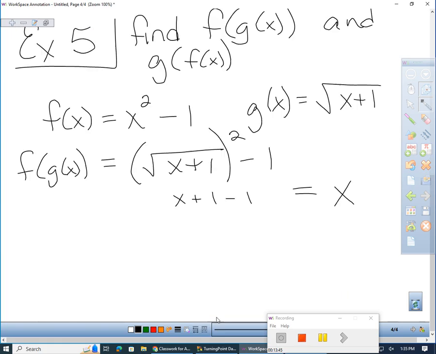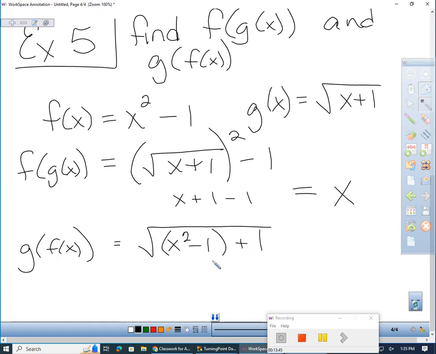Okay, what about this other one? Let's try going the other way. G of f of x. We're going to take our f of x and put it inside of where g is. So we have the square root of x squared minus 1 plus 1.